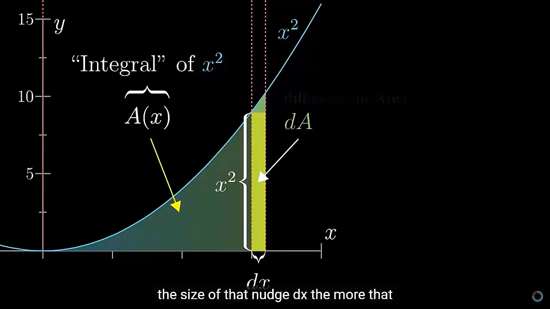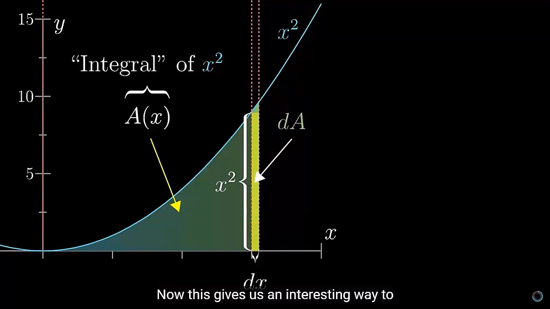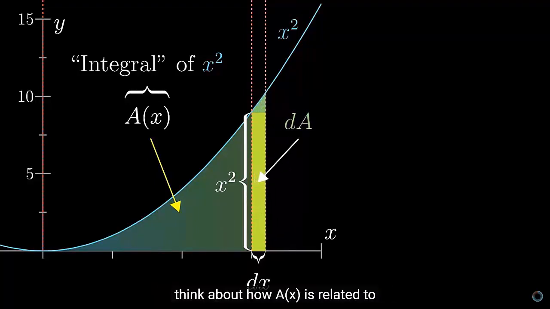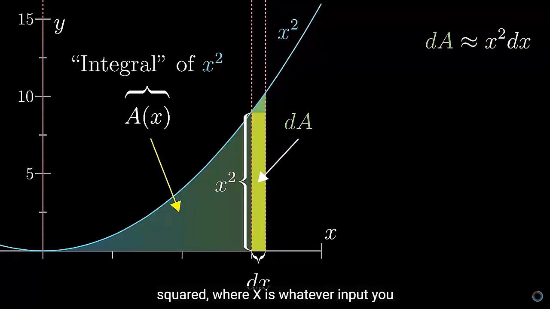And the smaller the size of that nudge, dx, the more that sliver actually looks like a rectangle. Now this gives us an interesting way to think about how a of x is related to x squared. A change to the output of a, this little dA, is about equal to x squared, where x is whatever input you started at, times dx, the little nudge to the input that caused a to change.